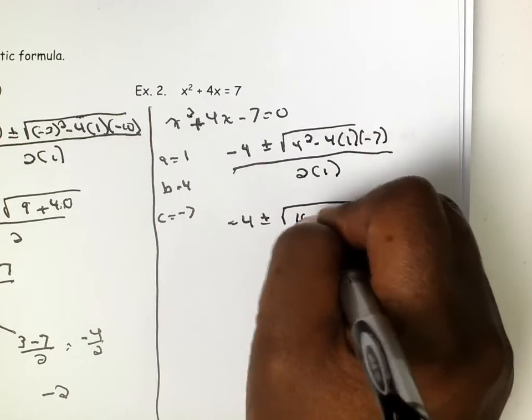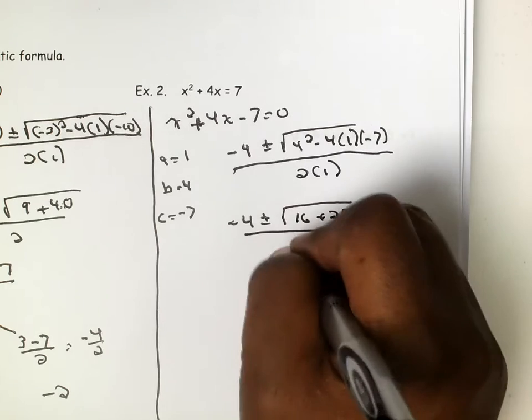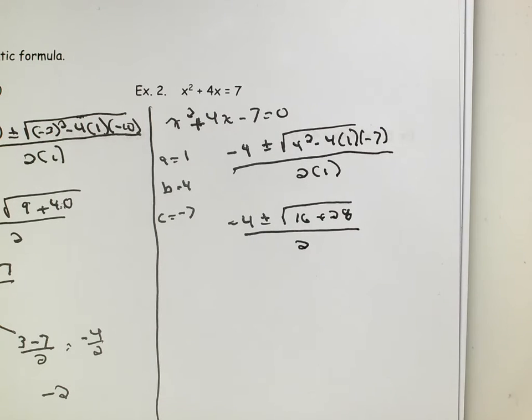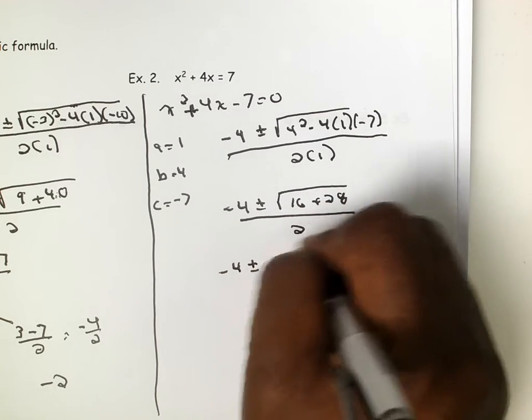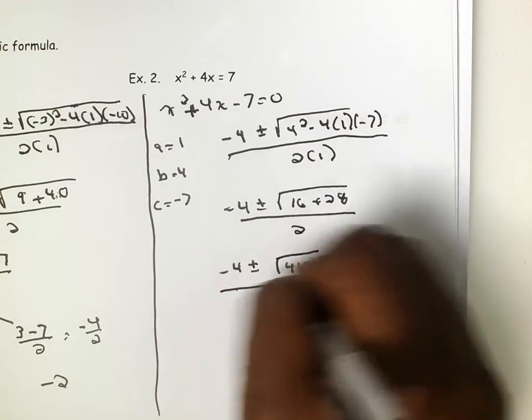So I get 16 plus 28 in there over 2. So I don't have a nice perfect square like I did before, but again, remember what we did in the last section with radicals, we can break them down. So I get negative 4 plus or minus the square root of 44, all over 2.